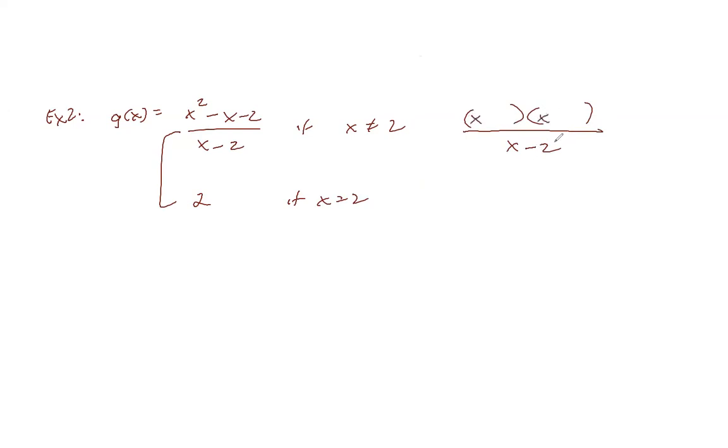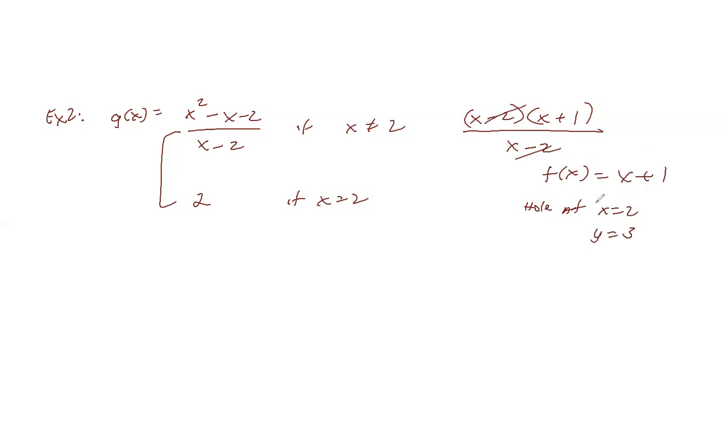Everybody loves to factor. That's a joke, but you know what I mean. I'm thinking that this is going to be a -2 and a +1. Am I correct about that? Seems like it. These are going to cancel, and I'm going to be left with f of x equals x plus 1 with a hole at x equals 2 and y equals 3.